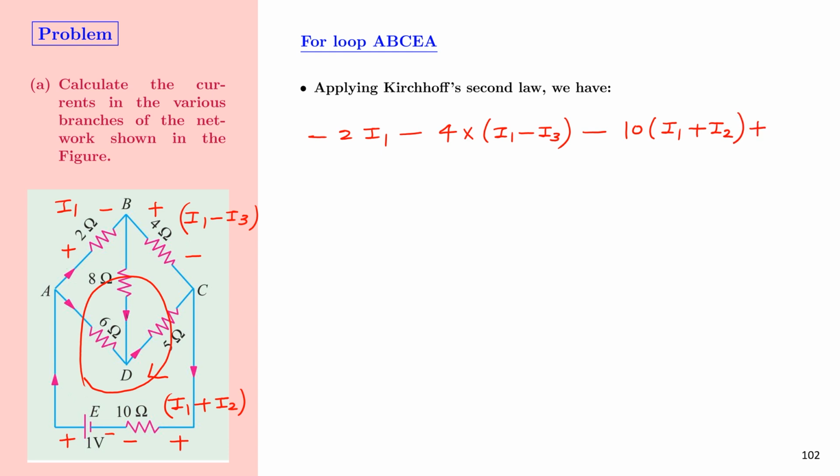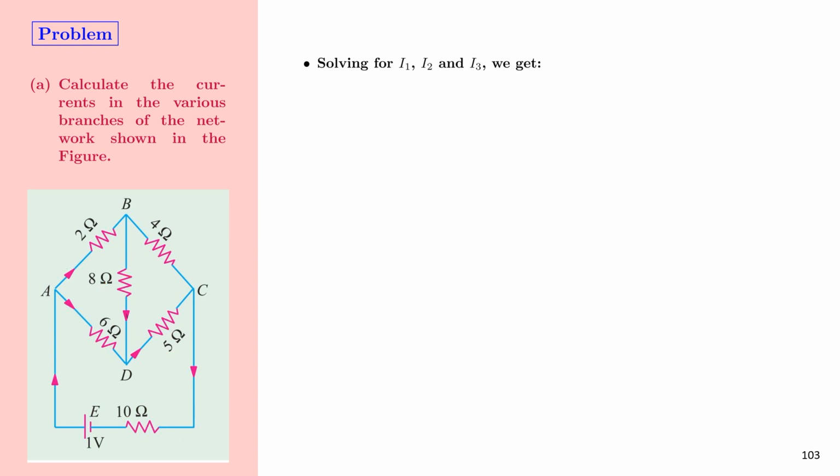Then for the voltage source, this is plus 1. So this is equal to 0. From this we will get the third equation, 16I1 plus 10I2 minus 4I3 equal to 1. So this is the third equation. We can now solve for I1, I2 and I3.